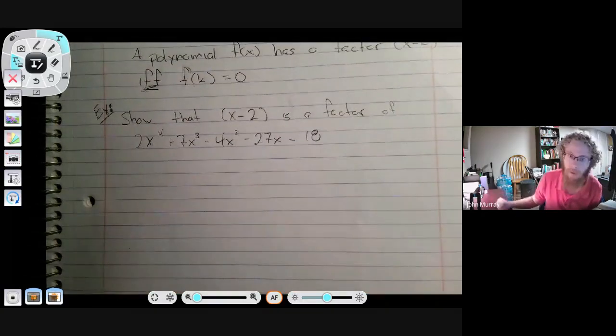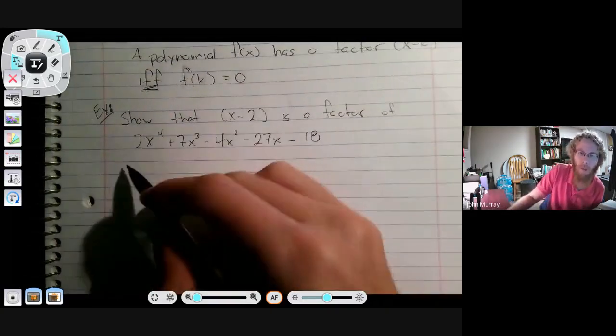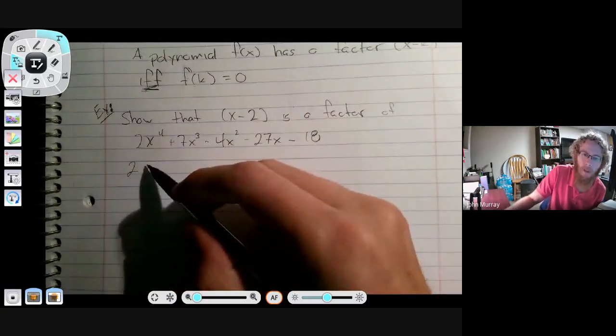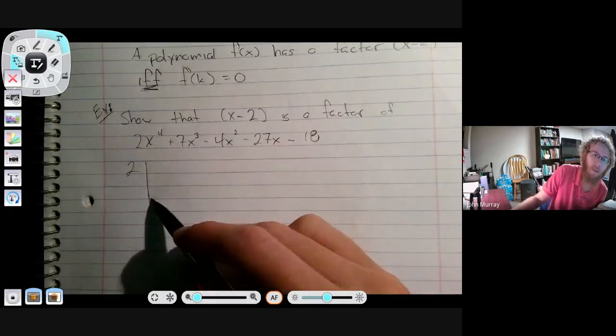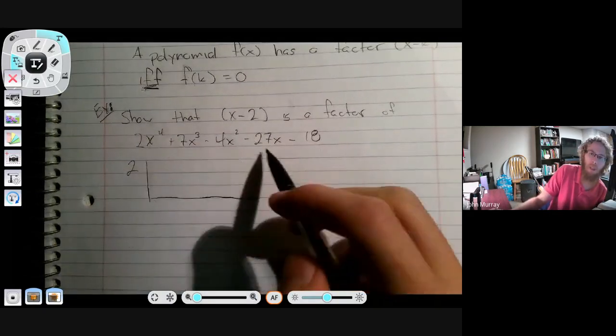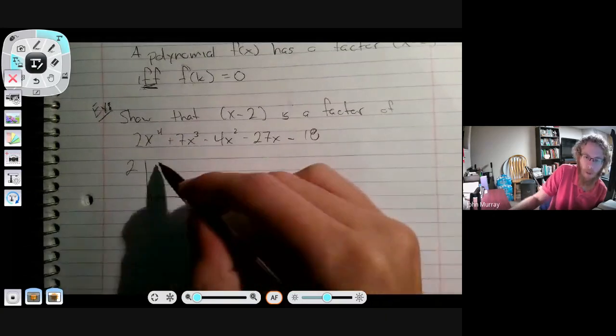All right, so we set up our synthetic division like we normally would. All right, so we take the opposite because it's x minus. So we're going to have a positive 2 on the outside. Okay, I'm not missing any terms here, so I can just write down my coefficients.